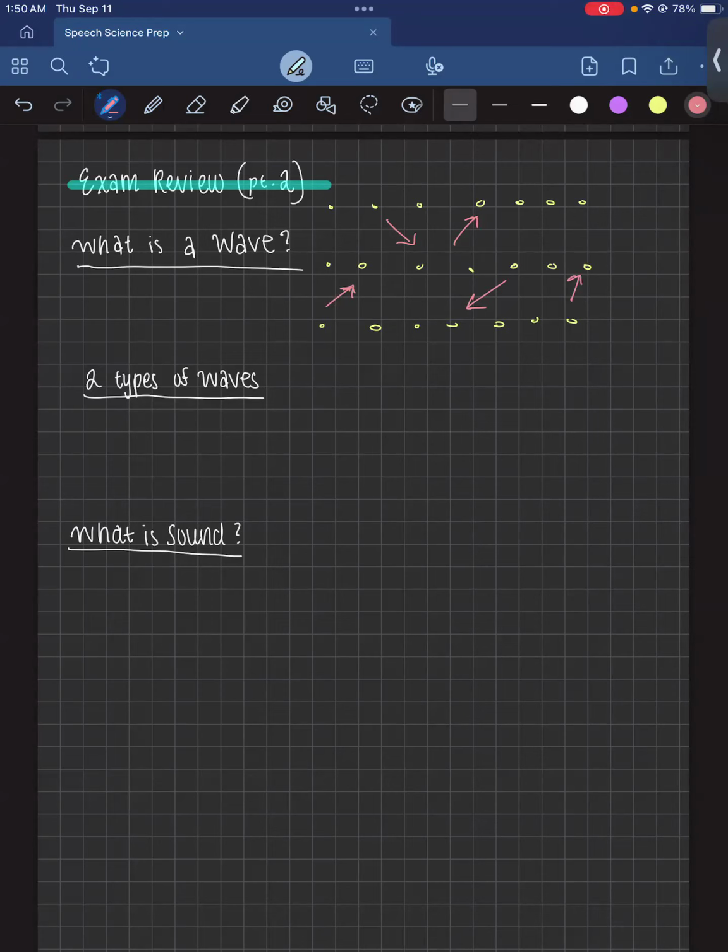And so these air molecules are moving all over the place. And then imagine that there's this disturbance that comes in, and as this disturbance moves through, it's causing a transfer in energy. And basically, what this does is it causes a change in pressure of the molecules.